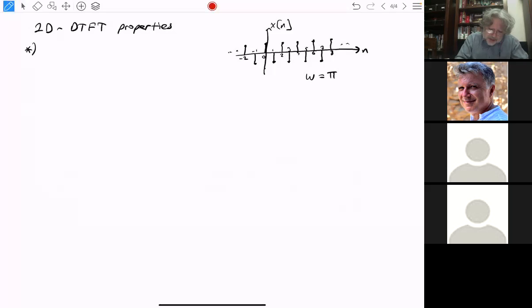Just try to visualize or try to draw a sinusoid behind it. Just try to draw a hypothetical sinusoid and assume that these points are the samples of that sinusoid.